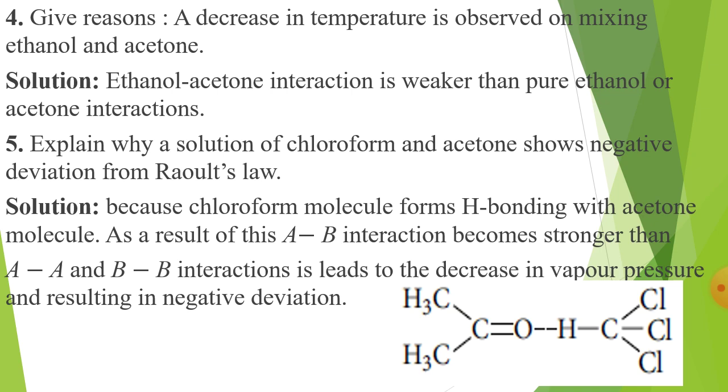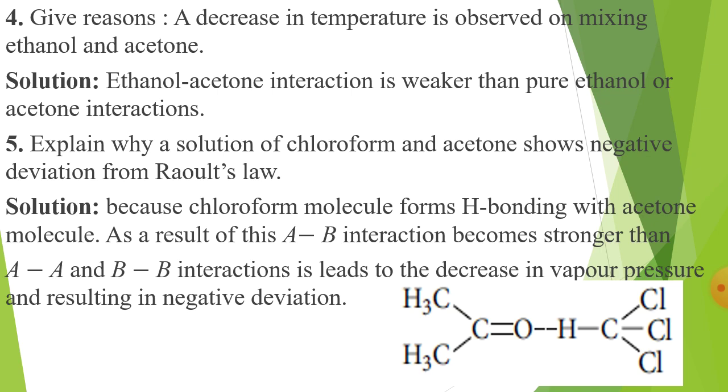Question number 4. Give reason: a decrease in temperature is observed on mixing ethanol and acetone. So now again focus on the chemical bonding. Ethanol shows H bonding and acetone shows dipole-dipole interaction.